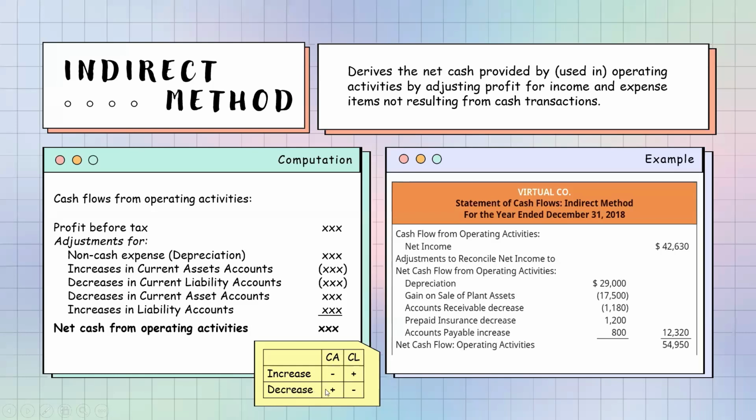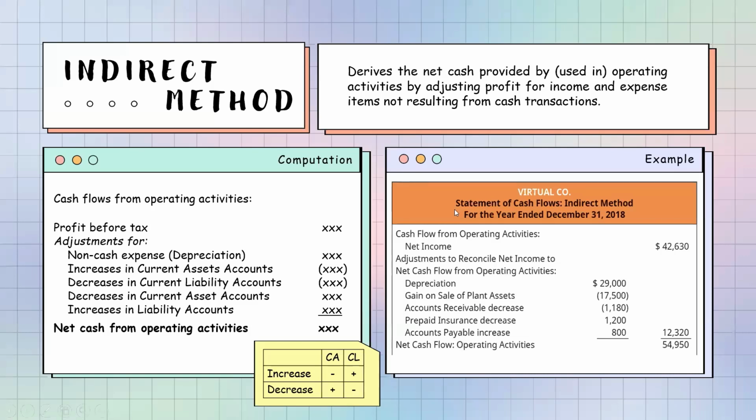And then kapag nag-decrease ang current asset, ina-add natin. And then kapag nag-decrease naman ang current liability is nililess natin. So, parang ganito lang yan. Pag indirect method, magkakaroon ng indirect effect sa increase at decrease ng non-current asset and current liabilities.